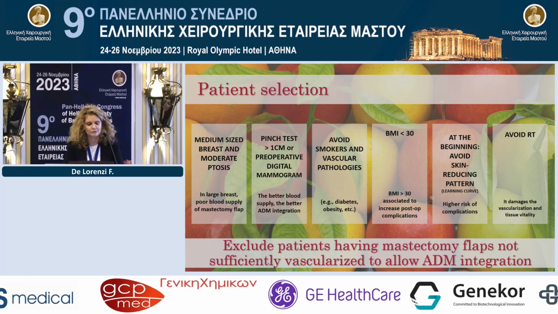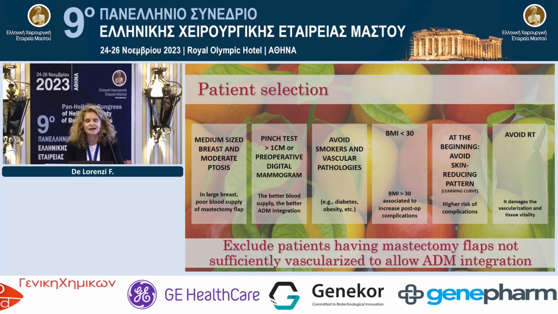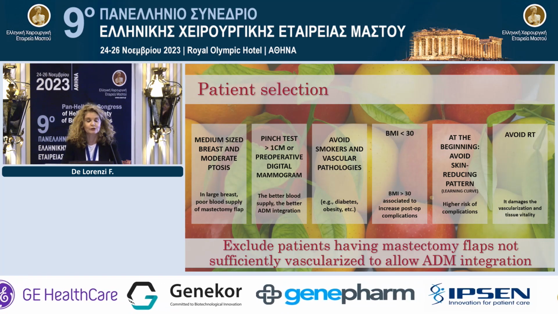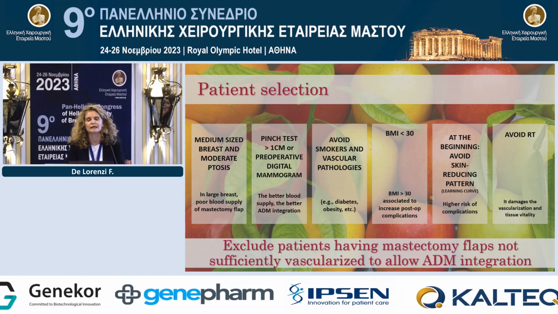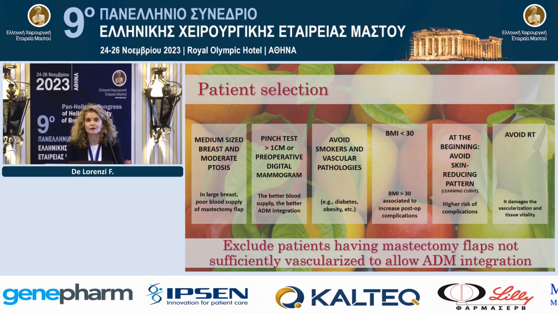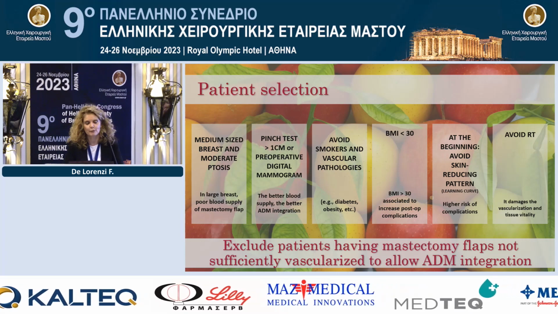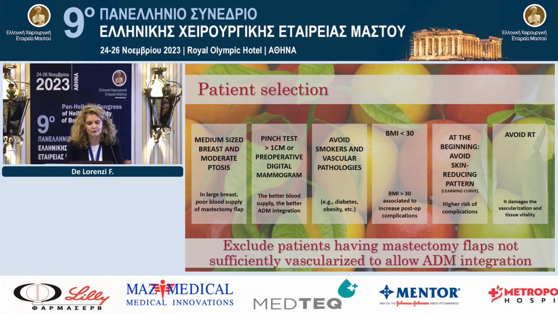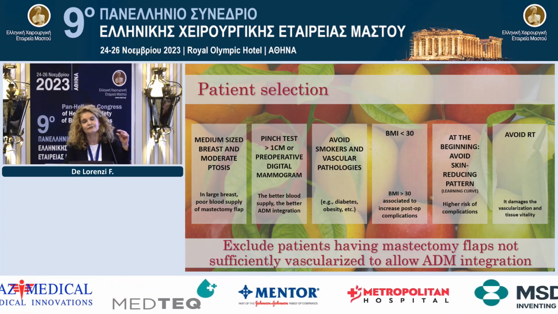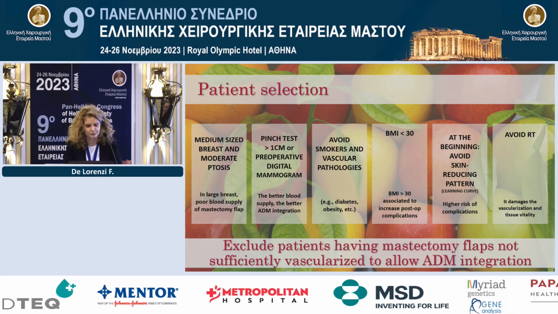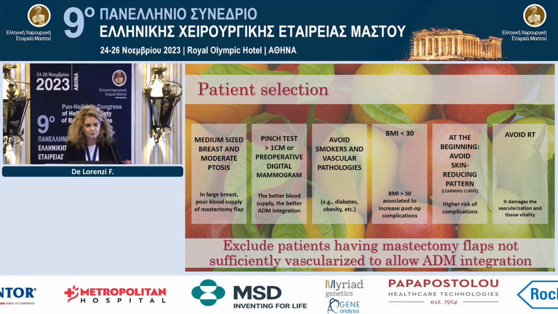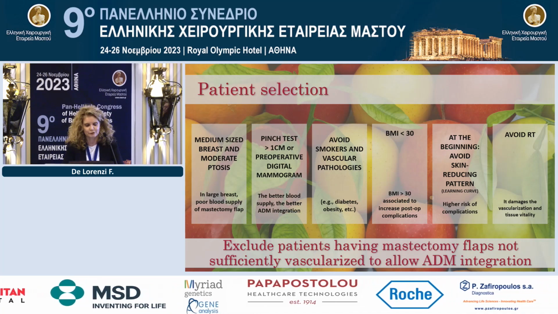Medium-sized breasts with moderate ptosis are the ideal ones, and in large breasts we sometimes have poor vascularization of the mastectomy flaps. The pinch test at the upper pole, or the preoperative digital mammogram, must show a sufficient thickness of the subcutaneous tissue. The better the blood supply, the better the ADM integration.